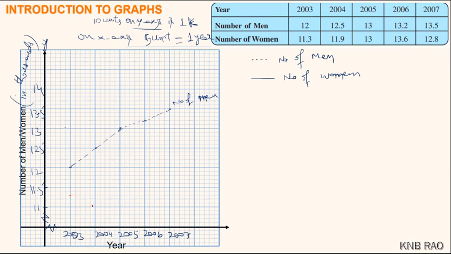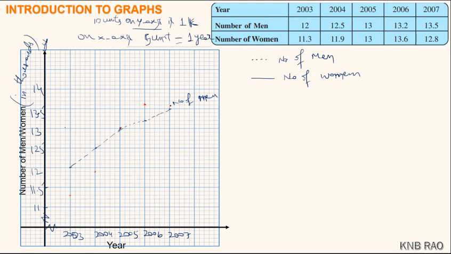So in the year 2004, 11.9. So 11.9 is this. In the year 2005, 13. In the year 2006, 13.6. Then it becomes this one. In the year 2007, 13.5.